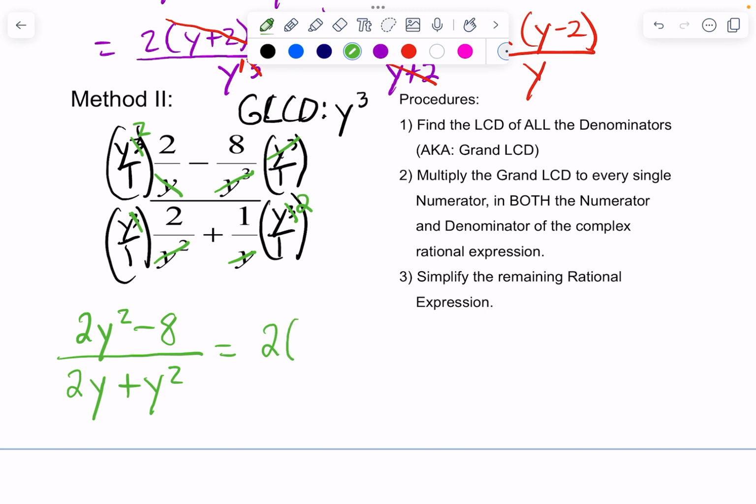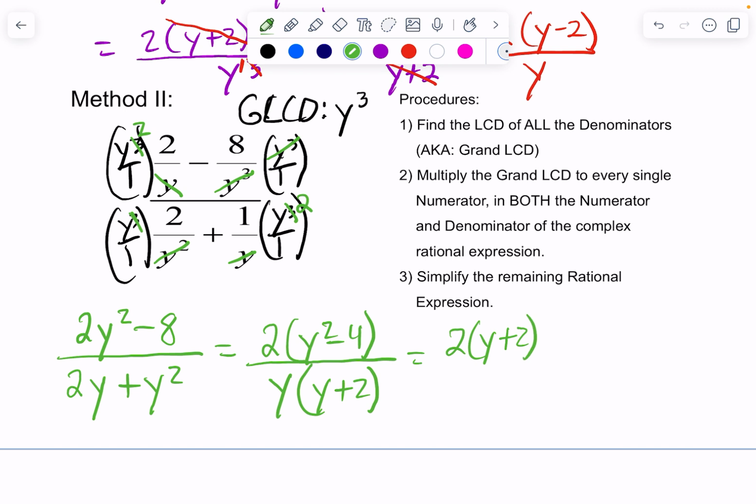I've got 2 times y squared minus 4. I can factor out a y squared here. I'm sorry, I can factor out a y, not a y squared. Pay attention, modal, which will leave me with y plus 2. Then when I continue to factor, I've got 2 times y plus 2 times y minus 2 over y times y plus 2.